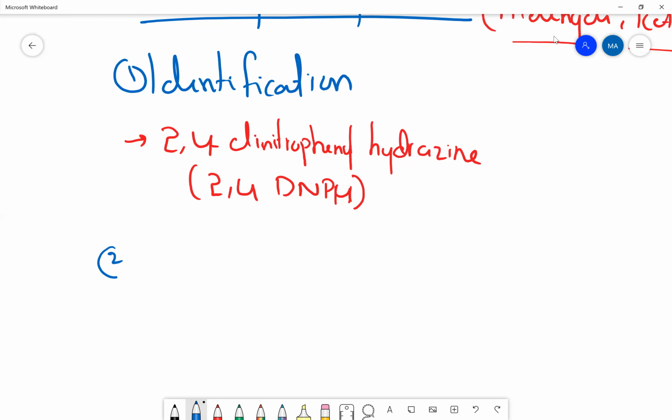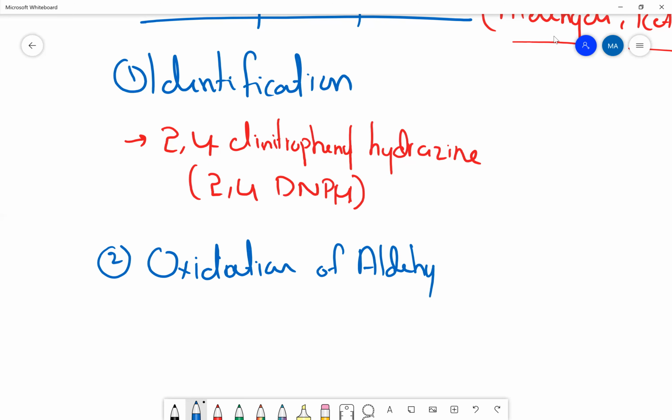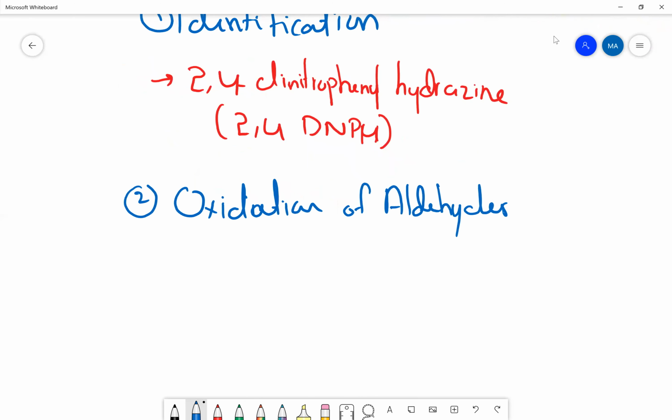And the second one is the oxidation of aldehydes, because ketones don't get oxidized. Only the aldehydes are oxidized. So if you get a positive test with oxidation of aldehydes, you're going to have a confirmed presence of aldehyde in that substance.